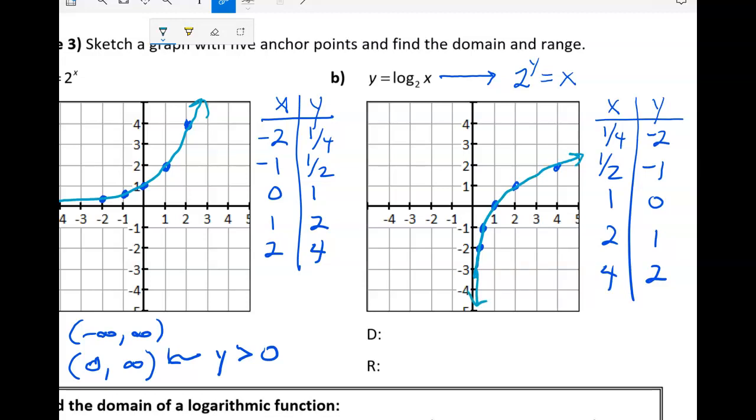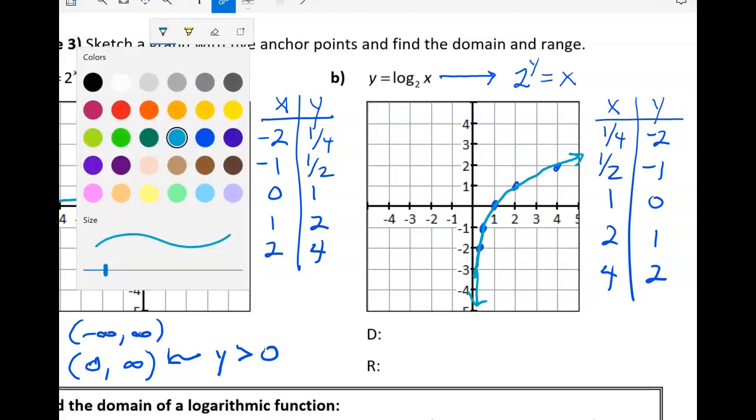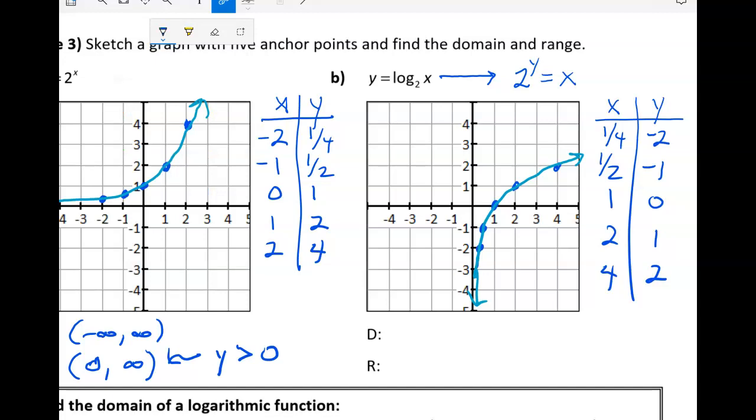But this time, it's getting very close to the y-axis. So that means that its domain is 0 to infinity. That is to say that the x values are always greater than 0, or x values are always positive. And the range, or the y values, range from -infinity to positive infinity.